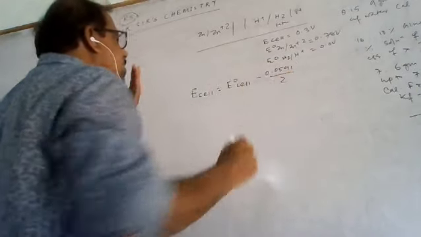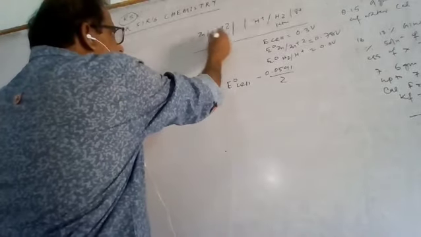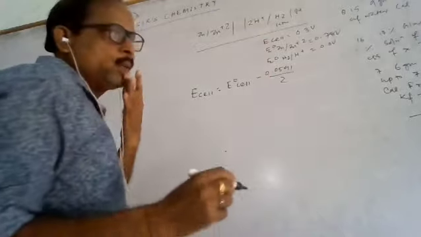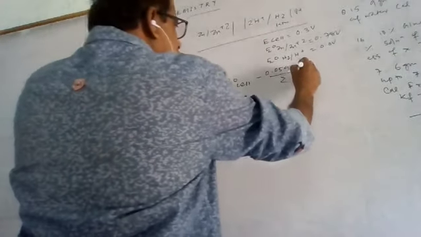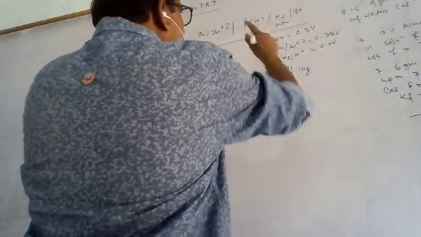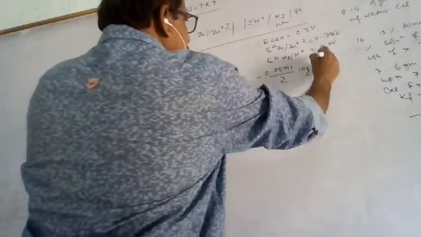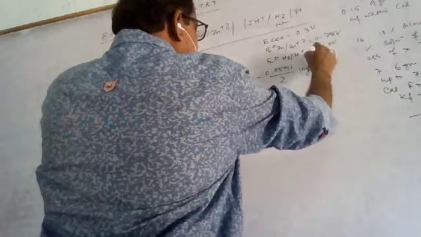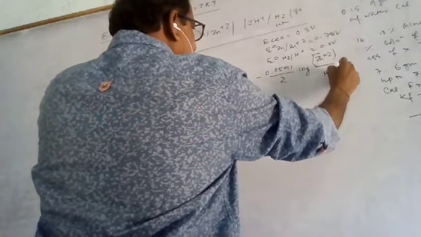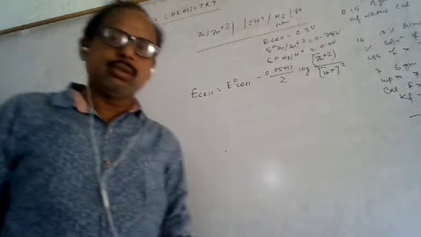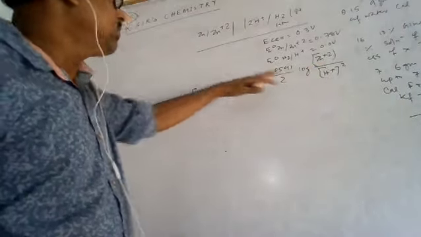The maximum electron exchange is 2 here, because Zn to Zn plus 2 is 2 electrons, and 2H plus to H2 is also 2 electrons. So log of the Zn plus 2 concentration divided by the H plus concentration to the power 2. This is the equation that we can write.